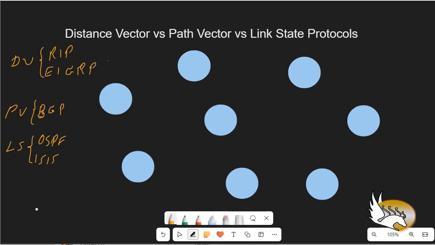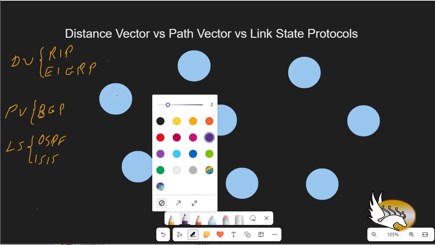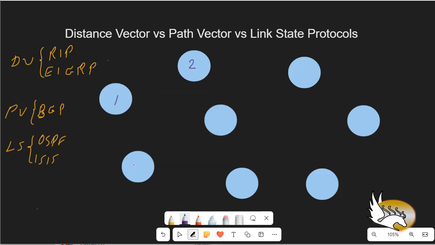Okay, so what is the distance vector protocol? First of all, let's say that these are my routers. And let me choose a better color so that I can write it and you can see it. Let me choose this one that is dark enough to be seen here. So let's say that I have these routers here, 5, 6, 7, 8, and they are connected somehow to each other.